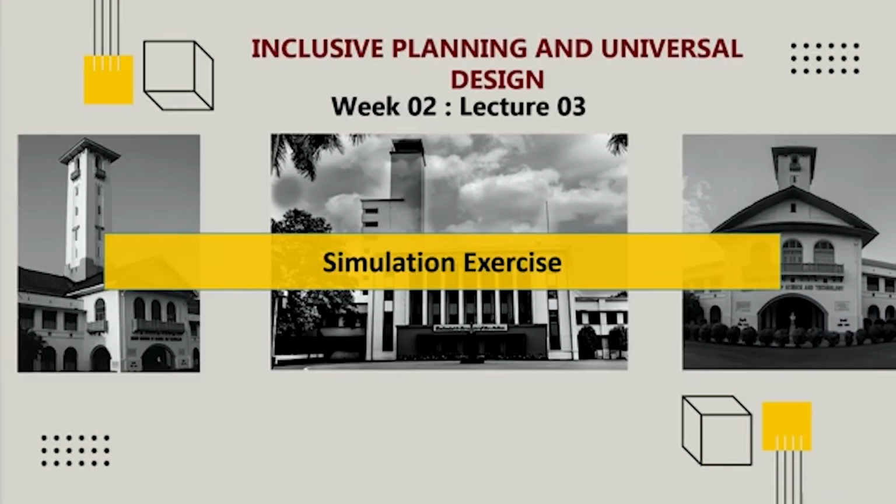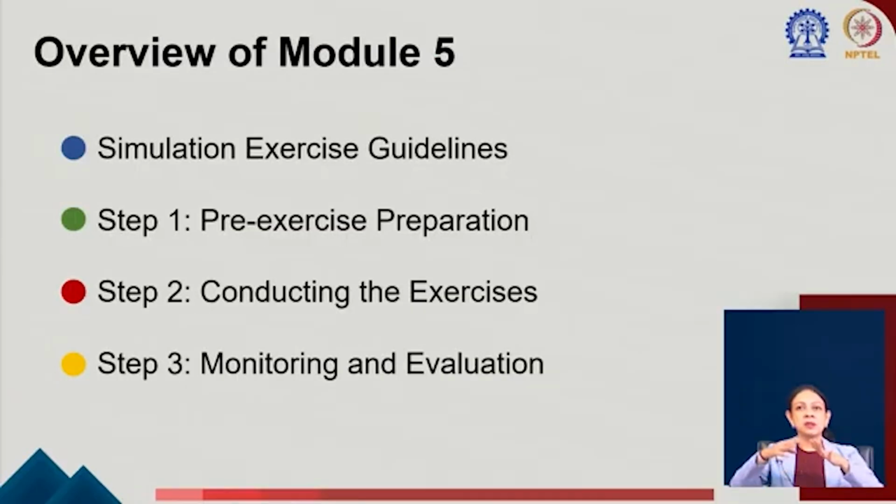Okay. Now the next part, very quickly I will go through, is the simulation exercise part, whereby you do role playing. So in case you have missed anything, this will help you to identify those hidden barriers. We have to be talking about tangible barriers and intangible barriers.